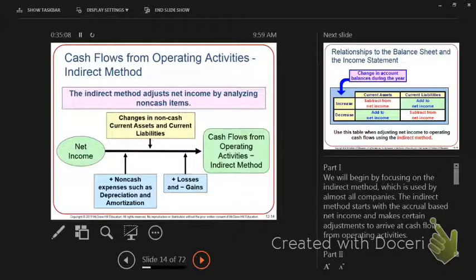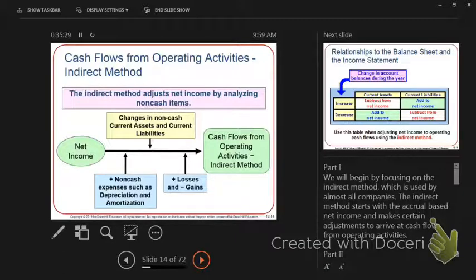Now, what happens if we have supplies payable and cash? Okay, so our current liability went down.